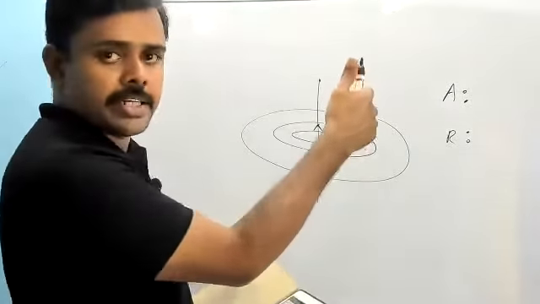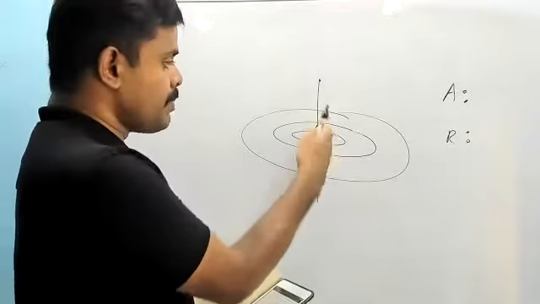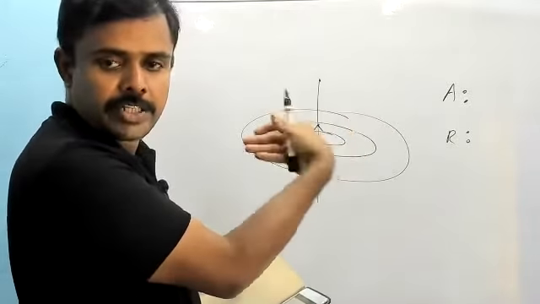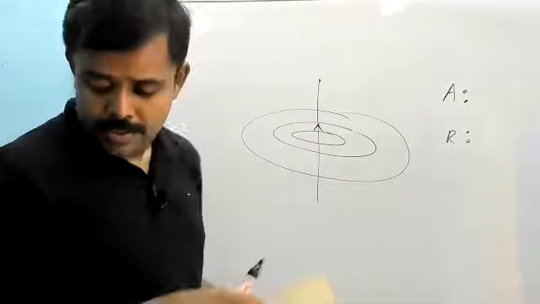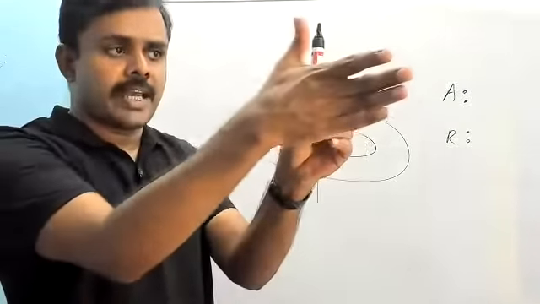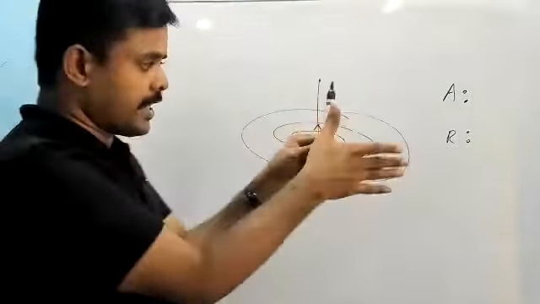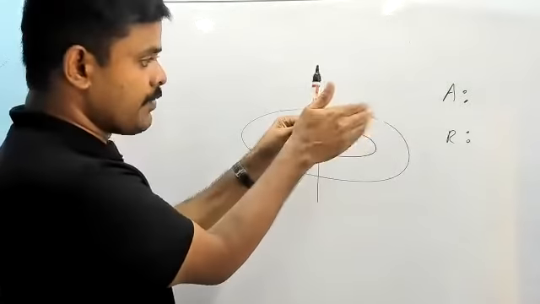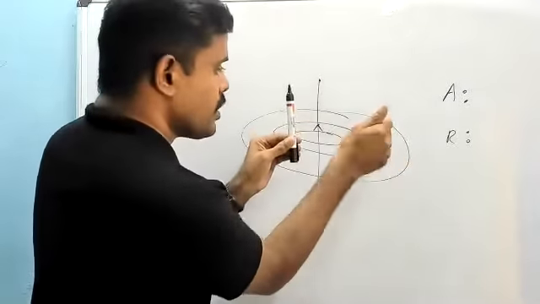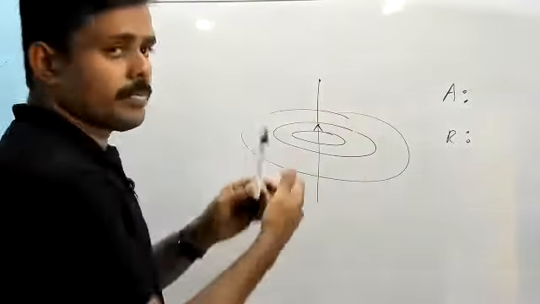Because if you hold the conductor in your right hand with the thumb in the direction of current, the curled fingers will give you the direction of magnetic field. Here it is going into the board, here it is coming out of the board.